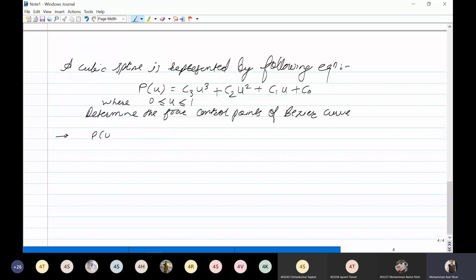So P of u, the equation, instead of the matrix, I will use this: P0 (1 minus u) cube plus 3 P1 u (1 minus u) square plus 3 P2 u square (1 minus u) plus P3 u cube.